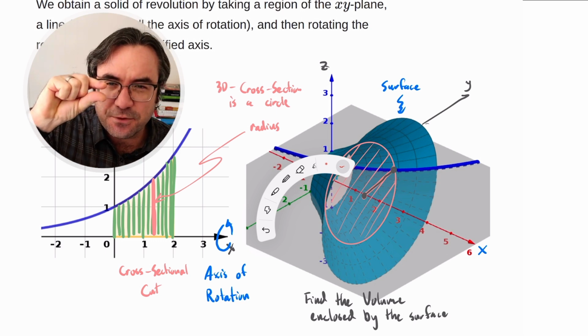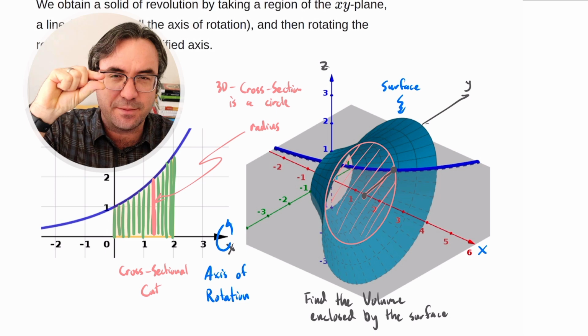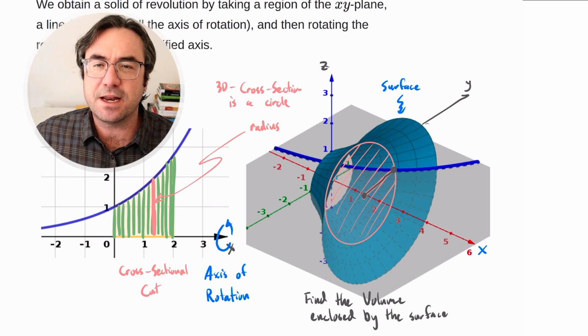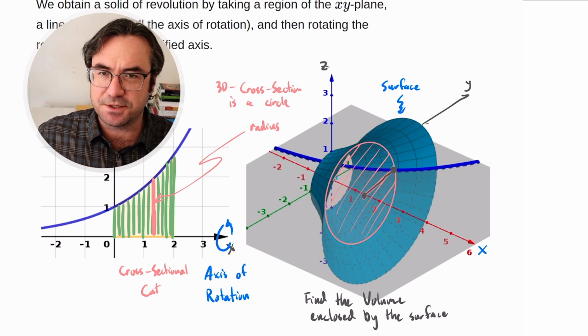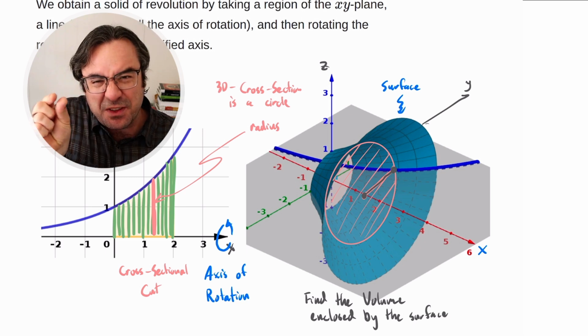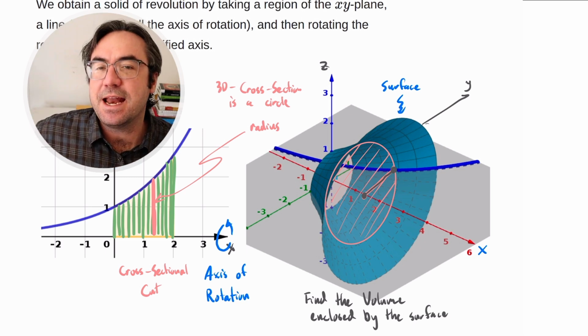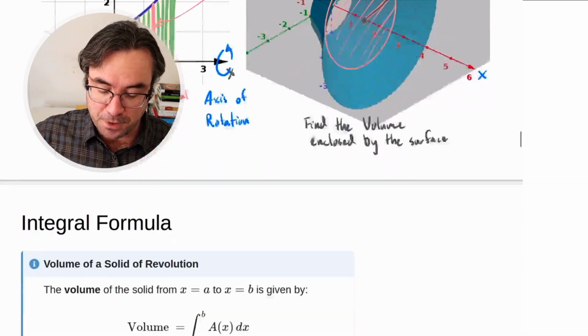And each of these wafers is going to be really thin. So we're making these cuts. The width of these cuts is going to be really thin, and they're all going to be circles. And how do we put that all together to get the volume?